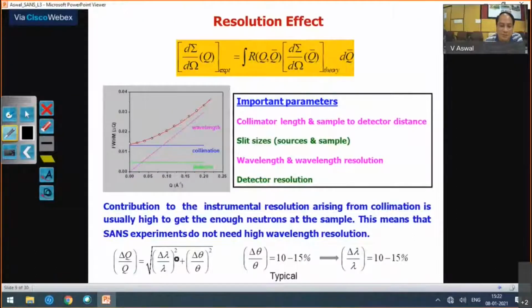In diffraction experiments, you have this of the order of 1 to 2%. But in the case of small angle neutron scattering, you don't gain by tightening this. So the delta lambda by lambda used is also of the order of 10 to 15%. So you can see your Q resolution in the case of SANS is not very good, unlike that of typical diffraction.